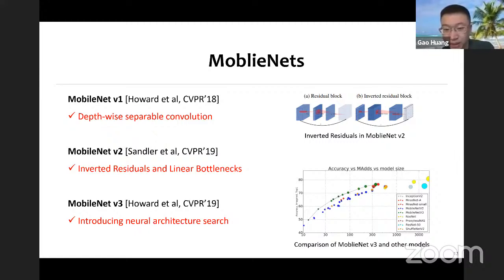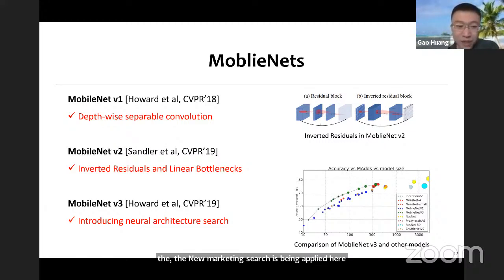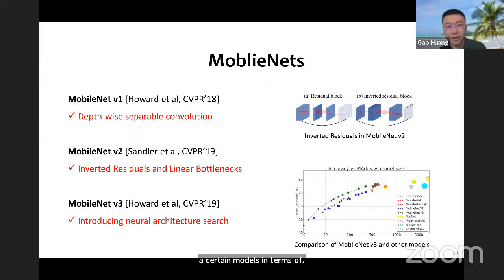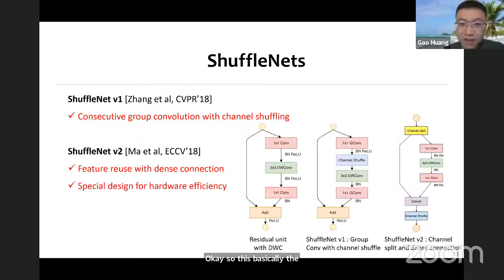We see a significant improvement in efficiency when neural architecture search is applied. Up to now, MobileNet v3 is still one of the SOTA models in terms of accuracy and speed trade-off.